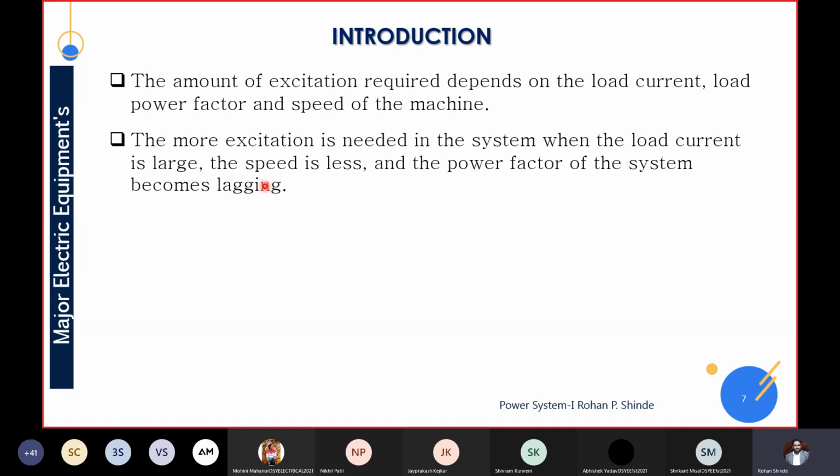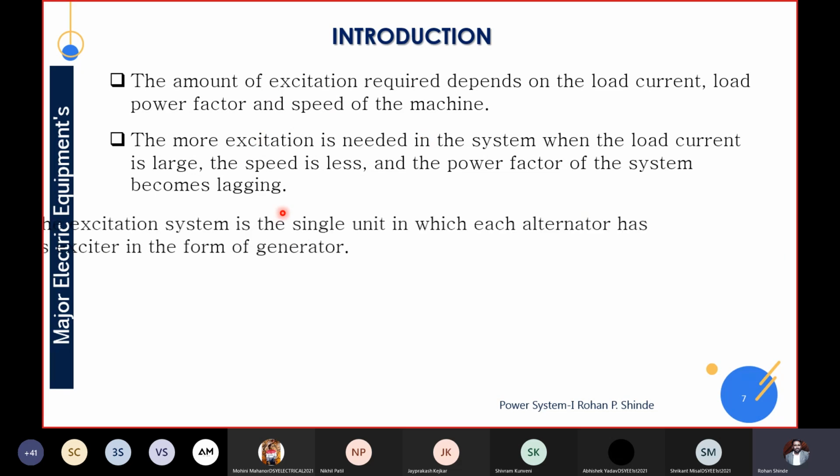Whenever there is a lagging load, power factor becomes lagging, so load current becomes large. If the load current becomes large, speed becomes less, and the excitation required is more. So excitation mainly depends upon three things: load current, load power factor, and speed of the machine.